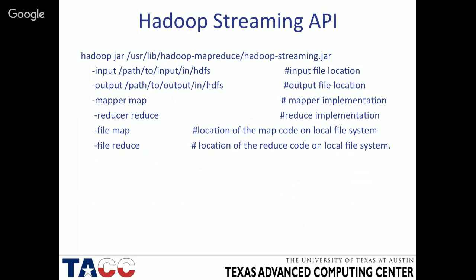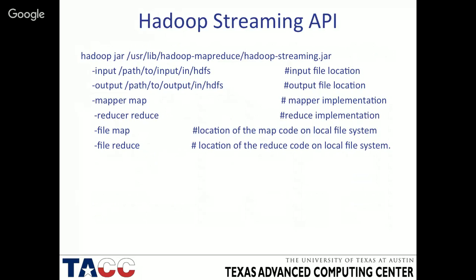Then the -mapper option specifies your mapper implementation. The mapper could be a script written in Python or Bash or another language. It doesn't really matter as long as it follows the MapReduce interface and outputs key-value pairs to standard output.